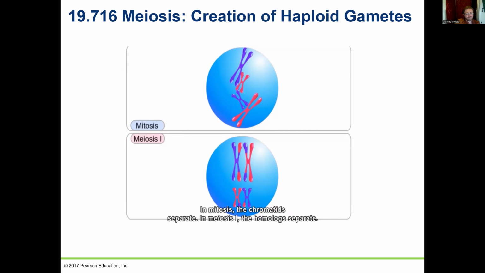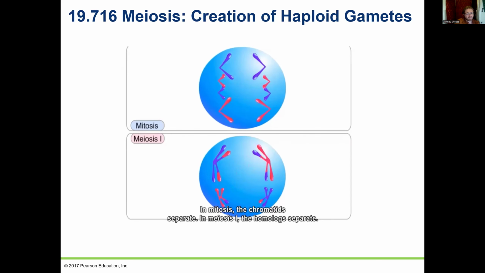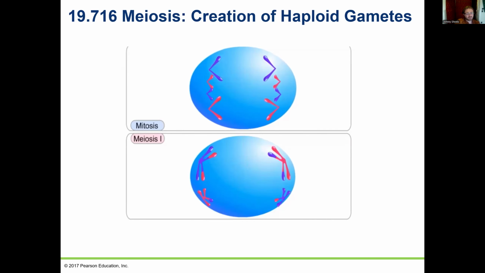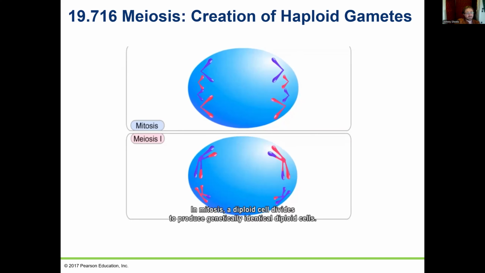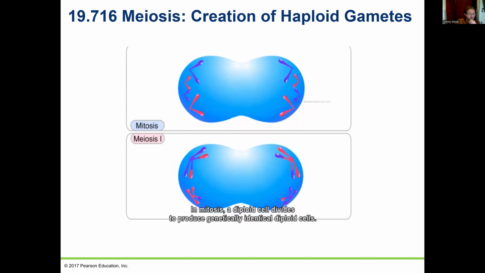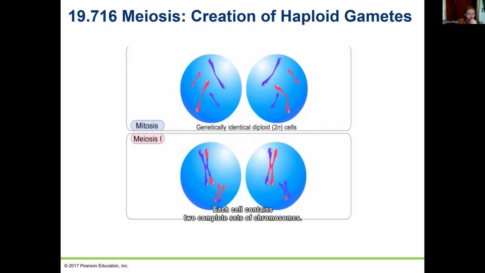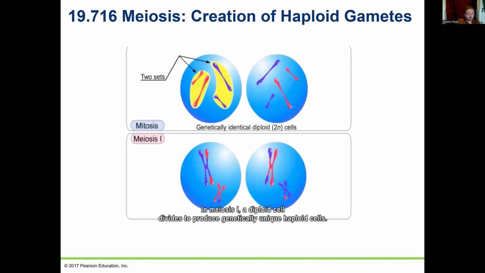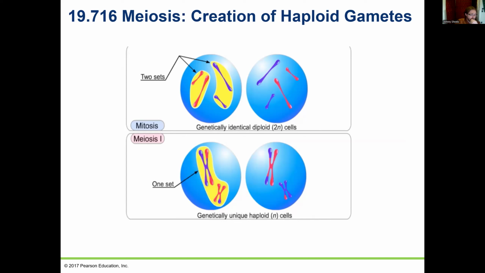In mitosis, the chromatids separate. In meiosis 1, the homologs separate. In mitosis, a diploid cell divides to produce genetically identical diploid cells. Each cell contains two complete sets of chromosomes. In meiosis 1, a diploid cell divides to produce genetically unique haploid cells. Each daughter cell now contains just one set of chromosomes. Meiosis 1 is known as a reduction division because the outcome is a reduction of chromosome number.